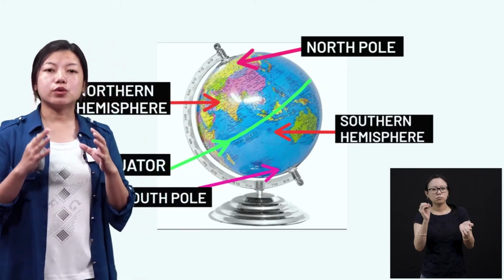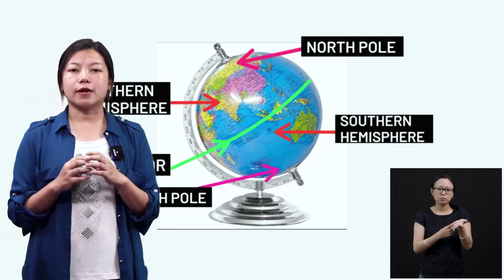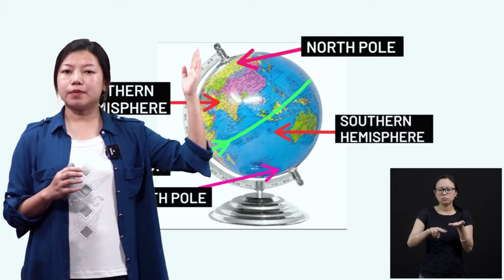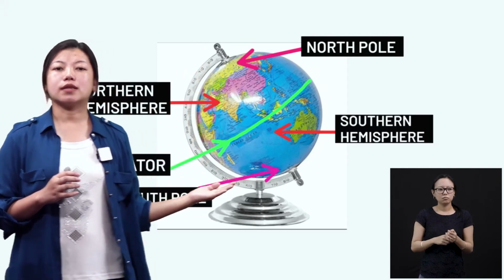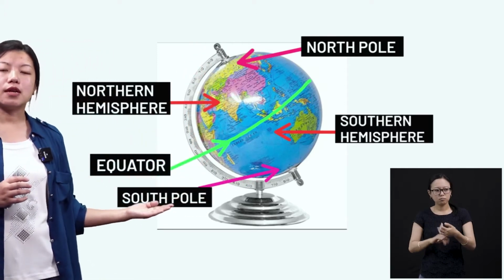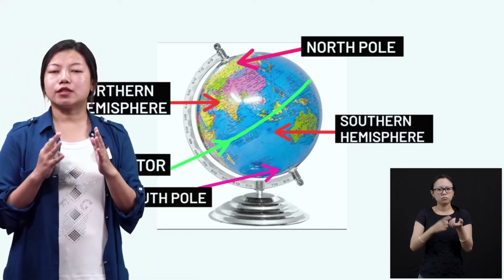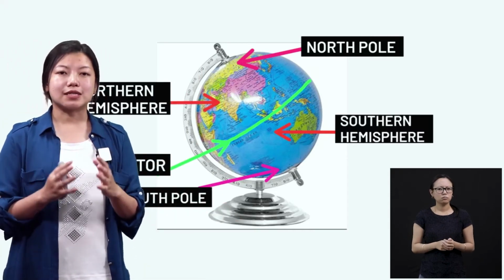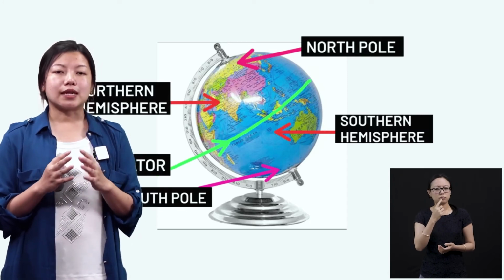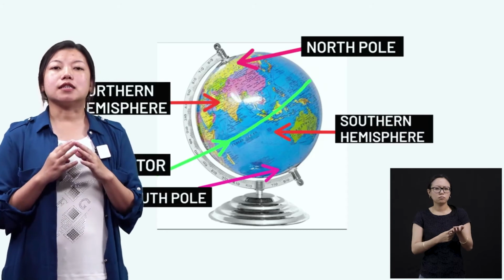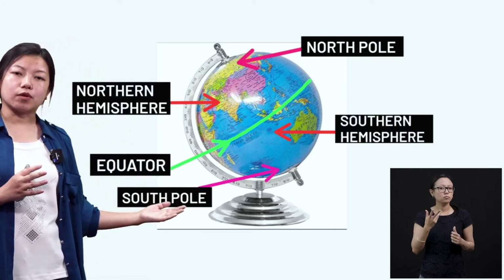Okay, there are 2 important poles, all right? One is the North Pole. North means up, right? And then one is South Pole, south at the bottom. Now, if you remember when I told you about the different continents, I told you that the Antarctica, the continent, is located at the South Pole, right?